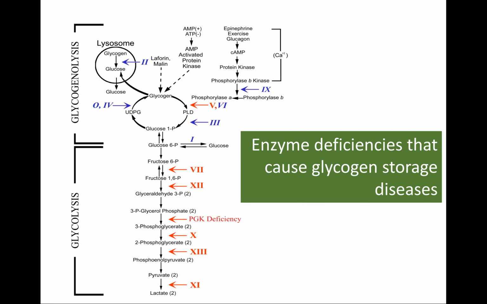Now, talking about the glycogen accumulation, glycogen may accumulate either as normal glycogen or its structure may change and become a different form of molecule. In this case, we call it polyglucosan. There are a few enzymes that cause polyglucosan formation.